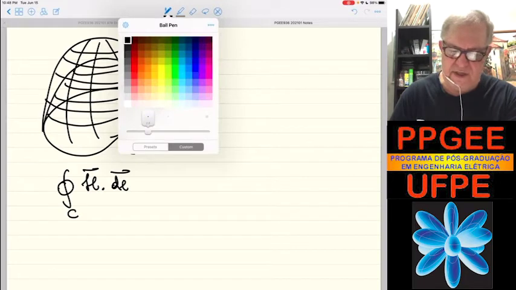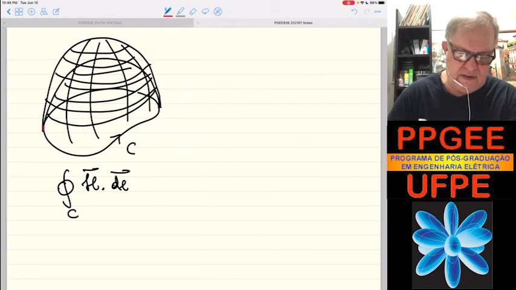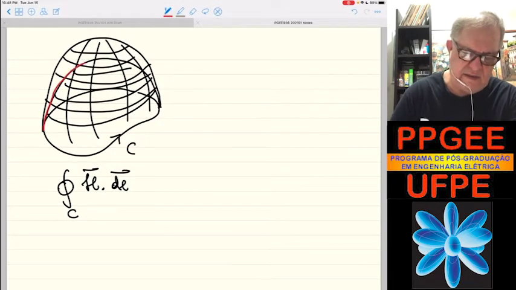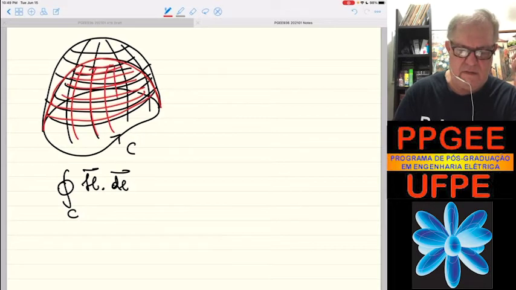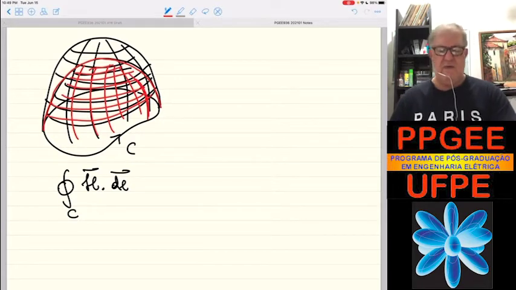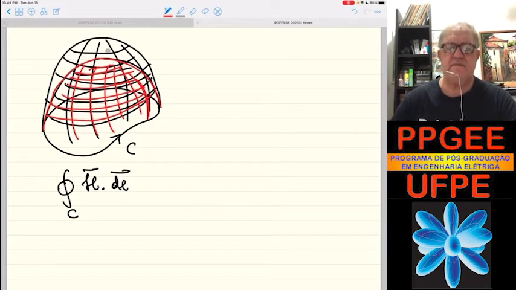Let me change the color here. So this is one surface, the red one is the one that's inside, right? So that's the red surface here. The other one is the black one that's outside, right? So you have two surfaces.